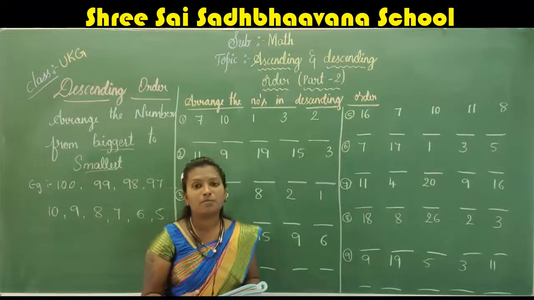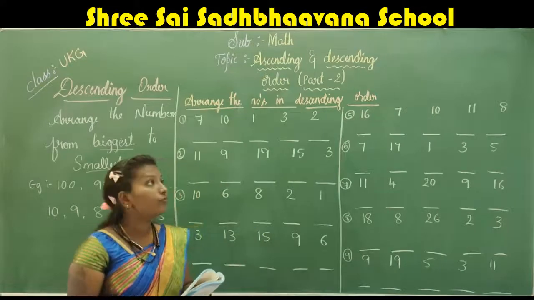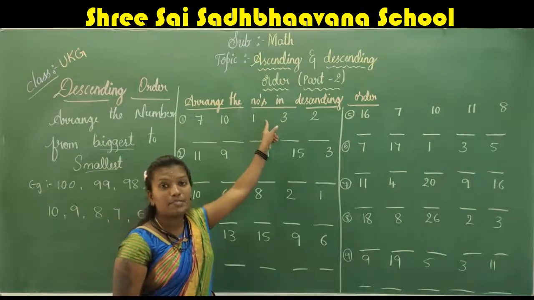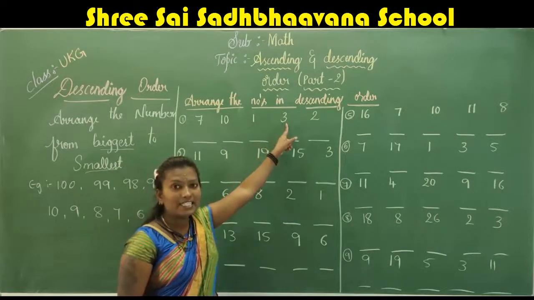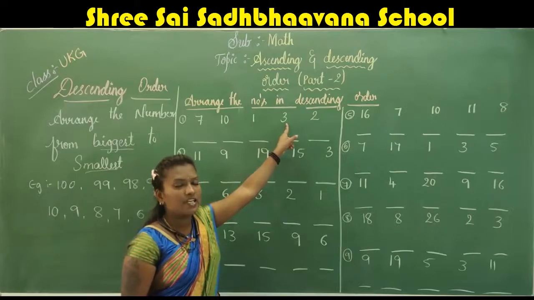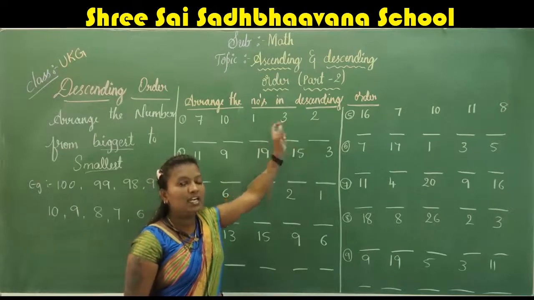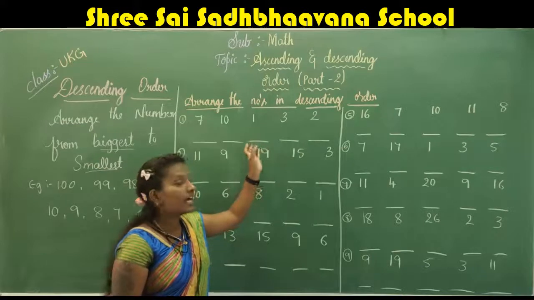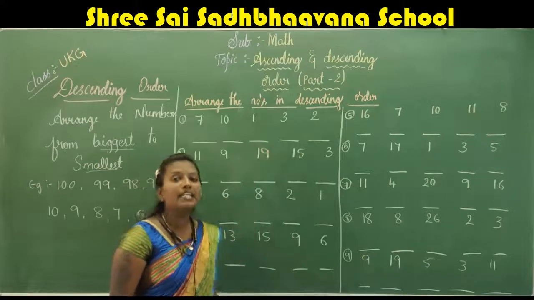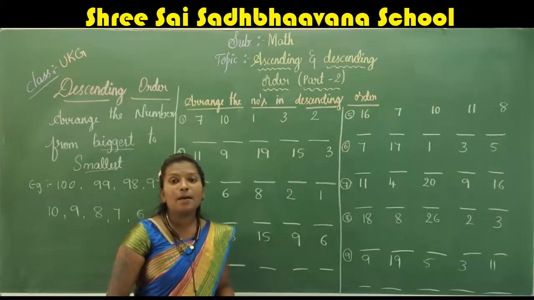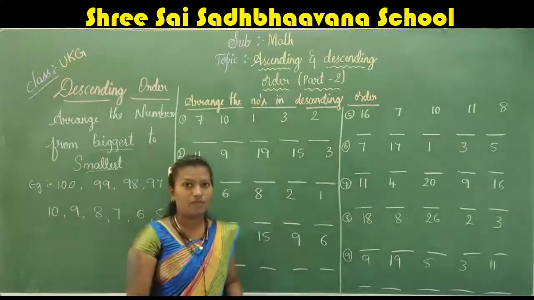They have given some numbers. What do we have to do? Arrange them in ascending order or descending order, children? Yes, now we are learning descending order, so we arrange the numbers in descending order. Descending order is big to small.